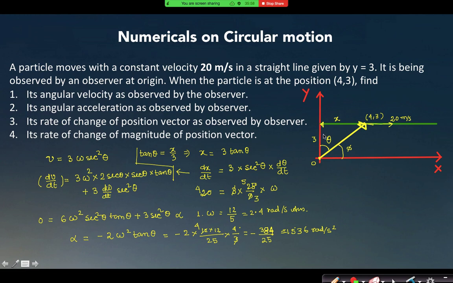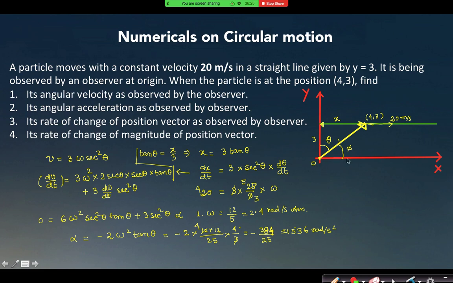So as theta increases, omega will be positive, as d theta by dt is positive. But what will be the value of phi as time passes? It will decrease. So in that case, omega will be negative.